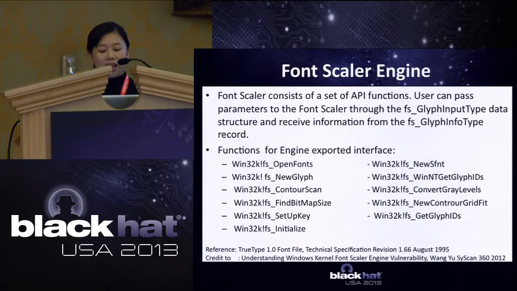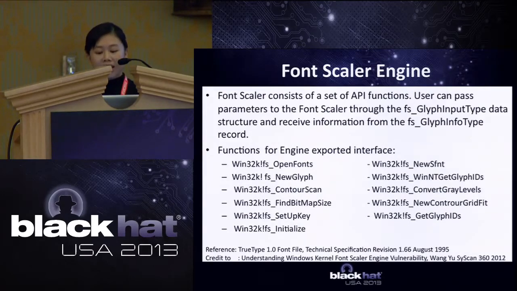Okay. Font scaler consists of a set of API functions. During the reverse engineering, we have identified a few important functions for the engine exported interface that include Win32 KFS open fonts, where this API function normally is used to initiate the font scaler process.